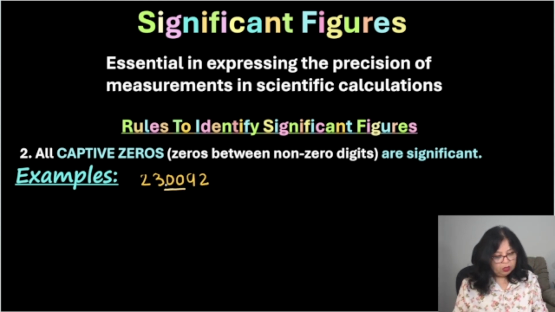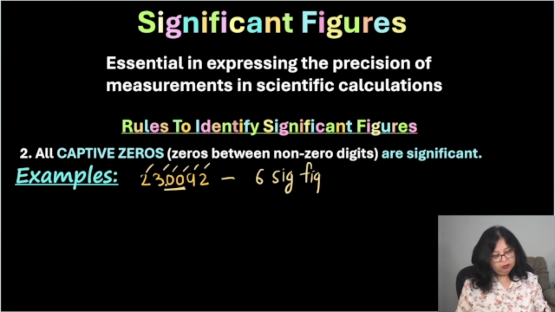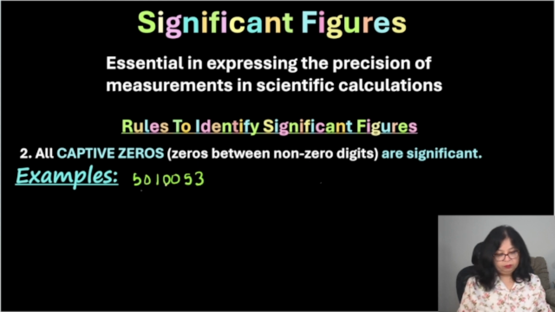Next, 230092. These zeros between 3 and 9 are captive zeros, and therefore these are significant. So this number has a total of 6 sig figs. 50100053.